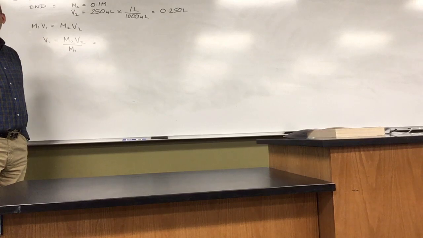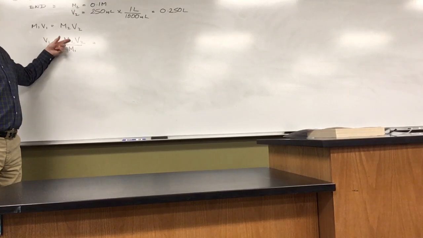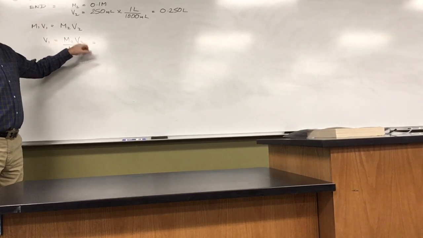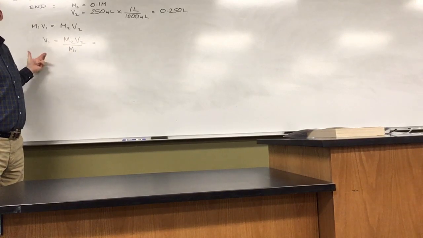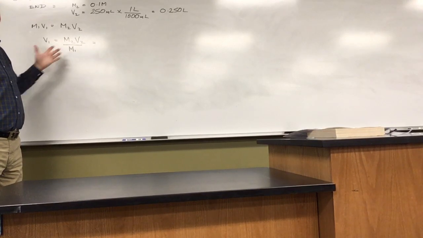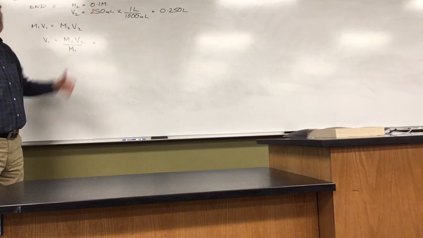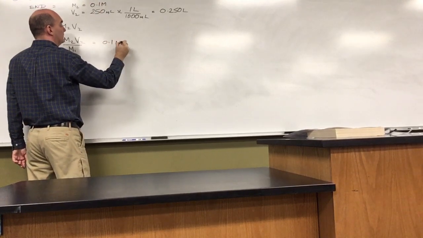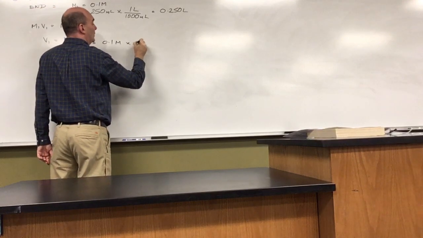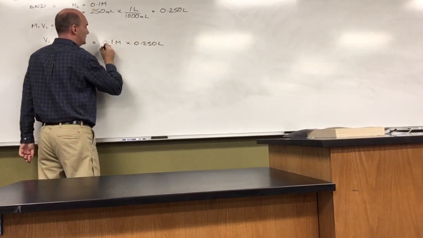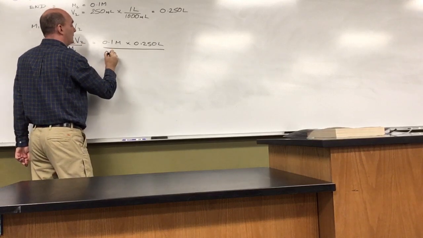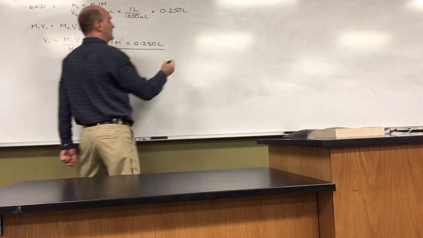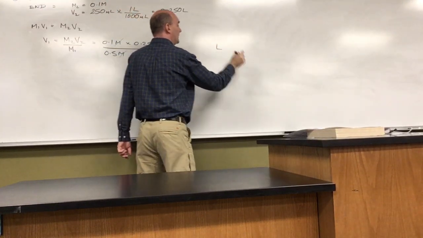I didn't need to, because the molarities are going to cancel each other out, and this is in milliliters. Then my milliliters carry through, and my answer is in milliliters. It's safe to convert it into liters. So I have M2, 0.1 times 0.250 liters divided by 0.5. That molarity and that molarity cancel. My answer will be in liters.